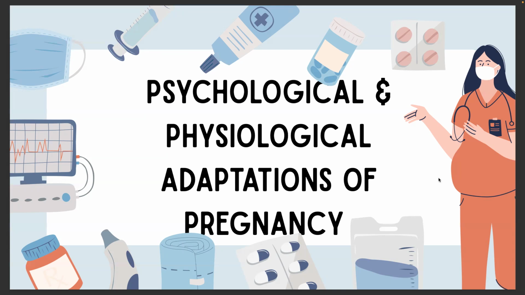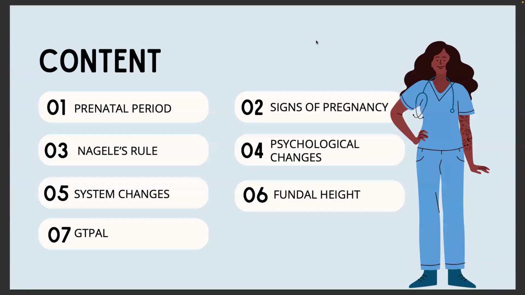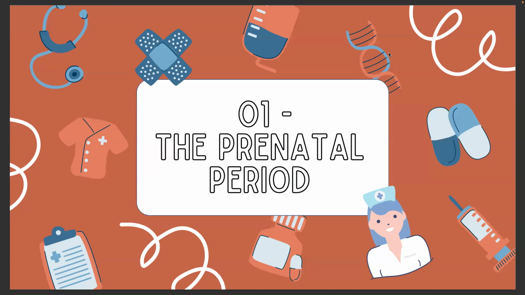There are a few specific content topics that I would like to cover here, including the prenatal period, the different signs of pregnancy, Nagel's rule, the psychological changes that you go through in pregnancy, and the systemic changes, as well as what a fundal height measurement is and GTPAL. A lot of these all kind of correlate for that first test that you guys will have in OB, as long as they don't put you backwards.